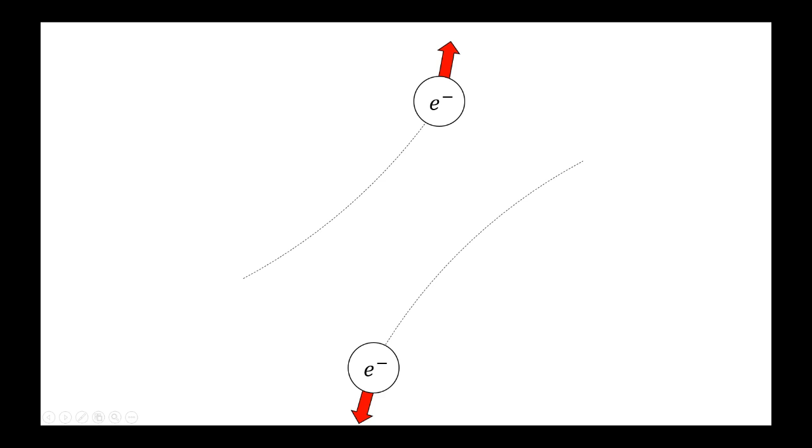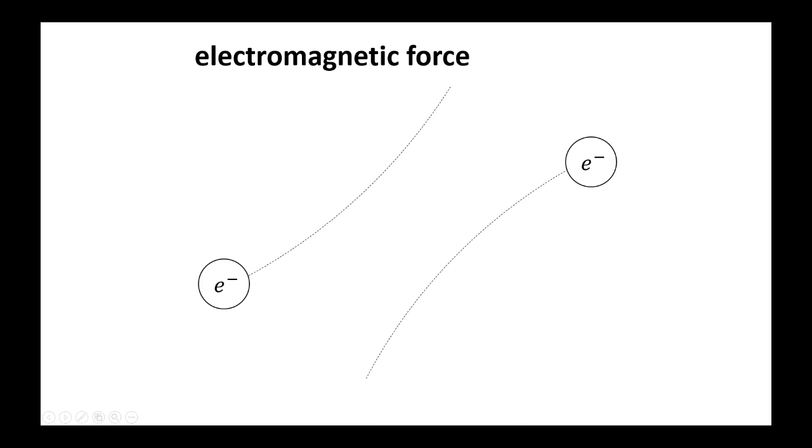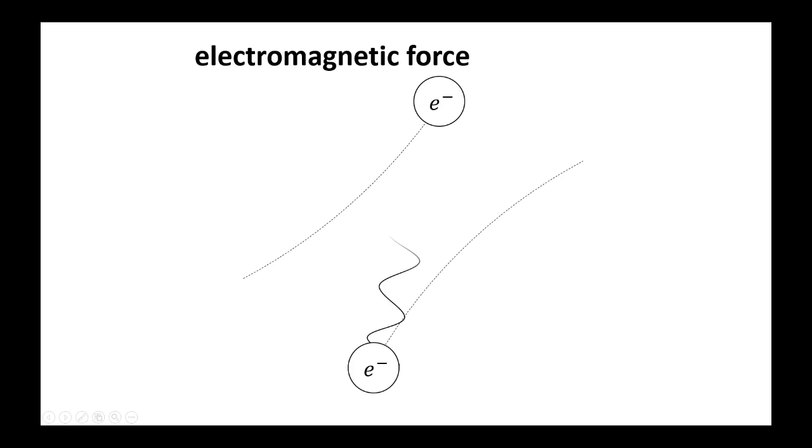And so these arrows represent the repulsion from the electromagnetic force. But instead of describing this force using vector arrows, we could again use the concept of exchange particles. The way these two interact as they pass and as they push on each other, the way that they interact and exert that push is via exchange particles.